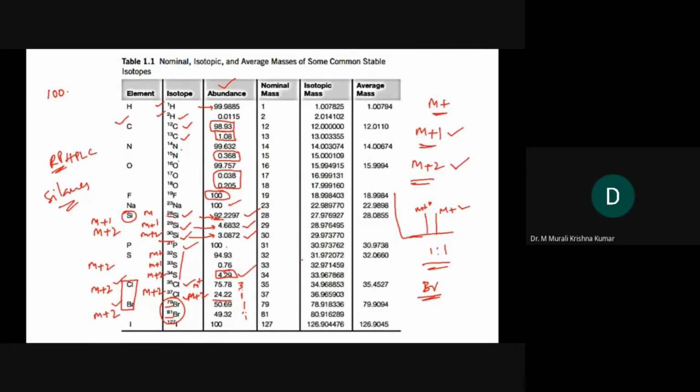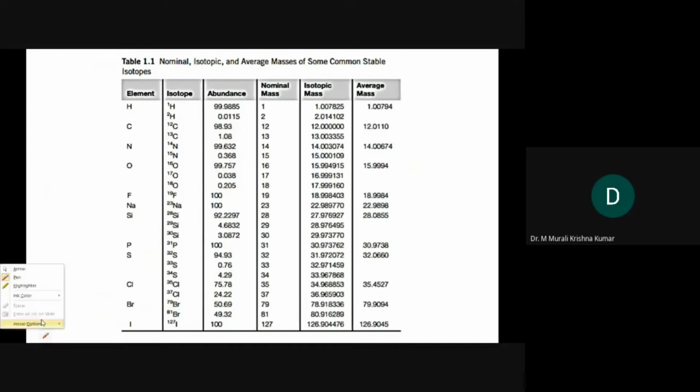The second thing we must understand is, if you go to high molecular weight compounds like proteins, we are expecting a molecular weight of around 1800 for a protein. Then if you see 1809, you should not consider this as impure or not the product form.